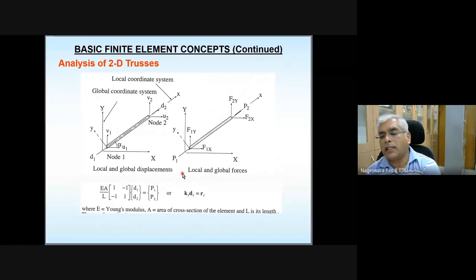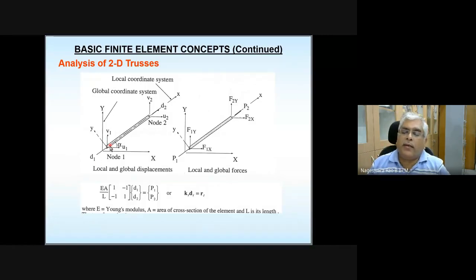Now, if that is clear, what is D1? D1 is the displacement at node 1 along the small x axis. D2 is the displacement at node 2 along the small x axis. If I resolve D1 with respect to the global axis, D1 gets resolved into U1 and V1 in the global coordinate system.